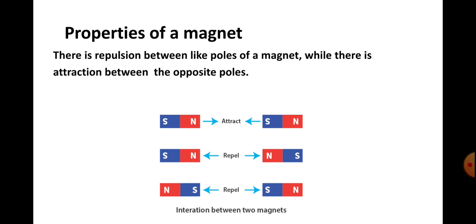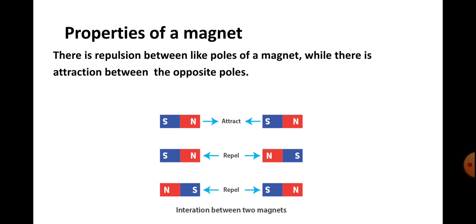Next property of a magnet: there is repulsion between like poles of a magnet, while there is attraction between opposite poles. If we bring the north pole and south pole of two different magnets close to each other, then we observe attraction. It means we can infer that if opposite poles of magnets come close to each other, there is attraction between them.